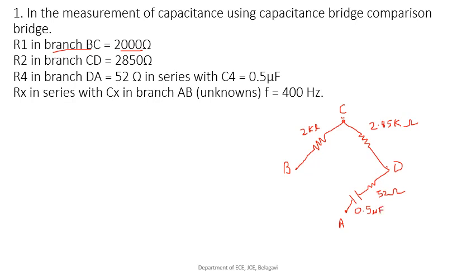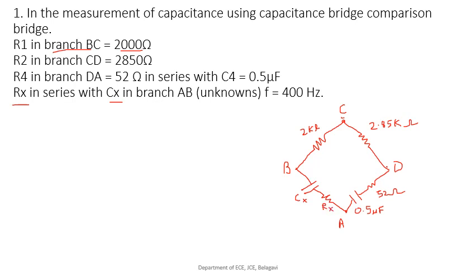Then they are asking what is the value of Cx and Rx in this branch EB. So there is a capacitance and then there is a resistance, written as Cx and Rx.